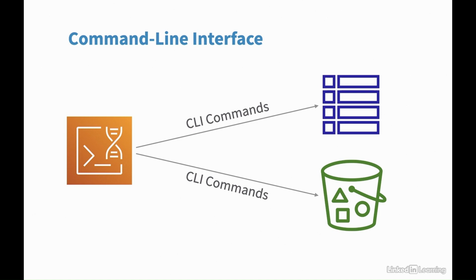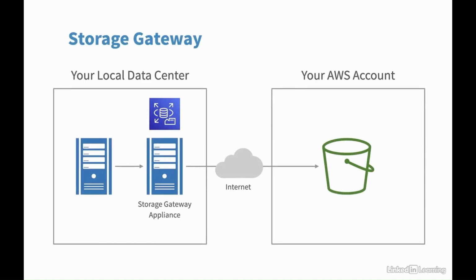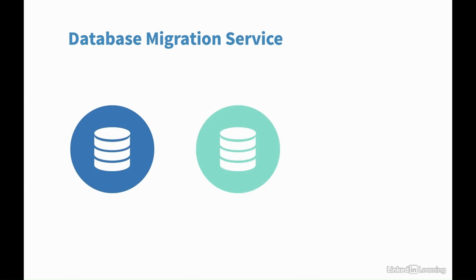For instance, command line interfaces for services like S3 have commands that can push, update, sync, and manage data in those services. We'll look at that in the next lesson. After that, it's AWS Storage Gateway, a service that can provide you local NFS mounts that ultimately convey your data over the internet to S3. Next, we'll examine AWS Database Migration Service and Schema Conversion Tool.